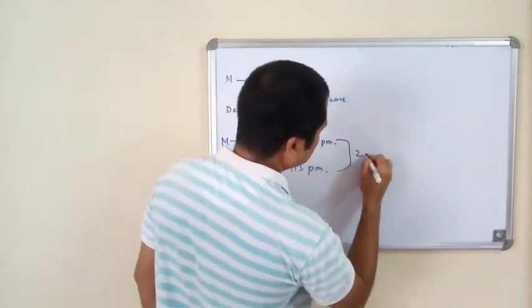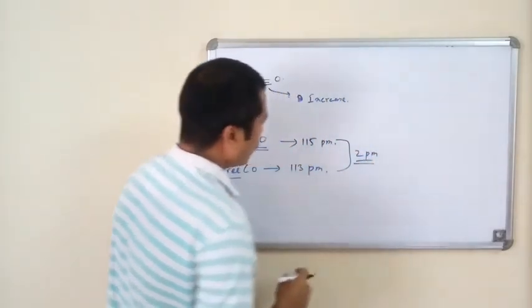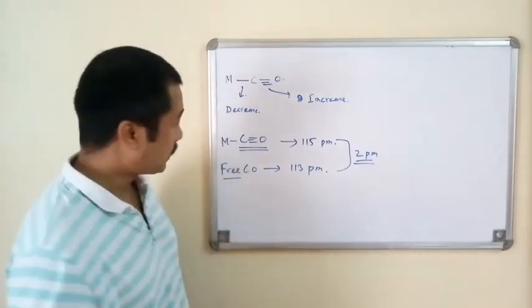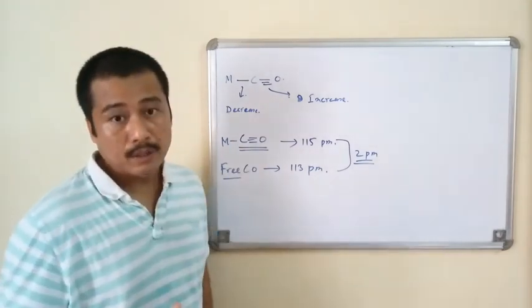So there is a difference of around 2 picometer in the CO bond distance in case of the metal carbonyl complexes as compared to the free carbon monoxide ligand.